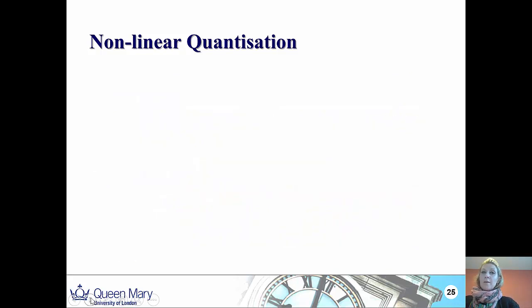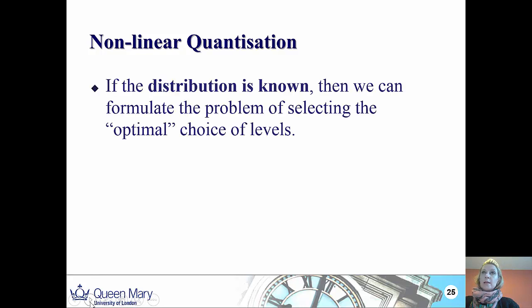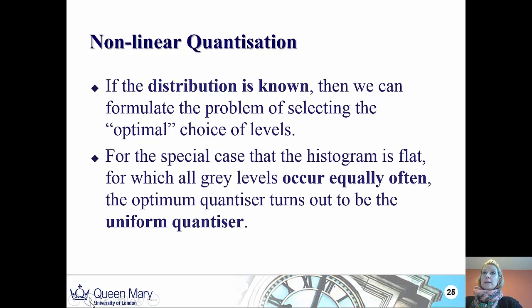I've got a figure here coming up which will show you what I mean. So if we know the distribution of our values which we want to communicate, then we can formulate an approach to select the optimal choice of levels. So those levels which allow us to more accurately represent the original information that we want to communicate.